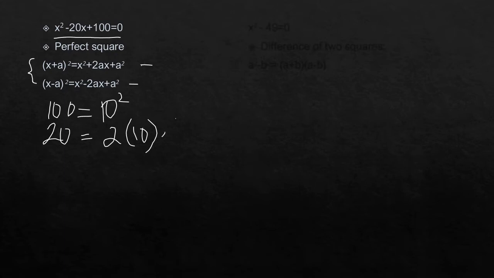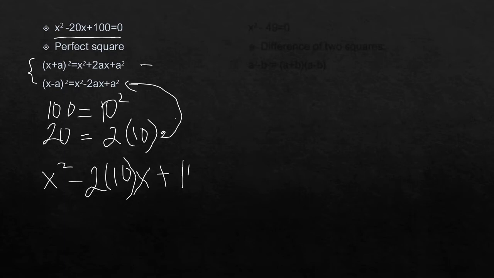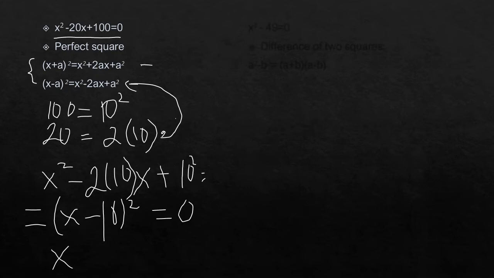So putting this into this equation, we can say that x squared minus 2 multiplied by 10x plus 10 squared is equal to x minus 10 squared. So here we can easily get the solution, which is x equals 10.